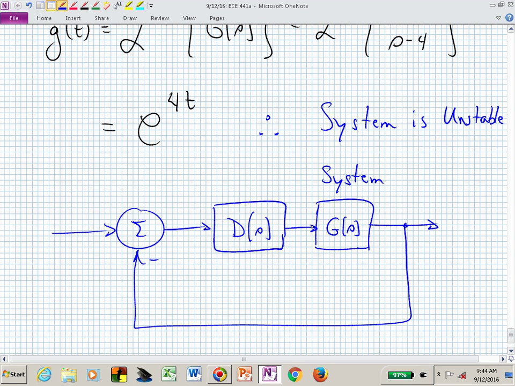We may want to introduce our own dynamics, D of s, in the form of a controller to allow this system to no longer misbehave and go unstable, but maybe to be a little bit more favorable to what we are wanting to do in terms of controlling that system around the operating point.